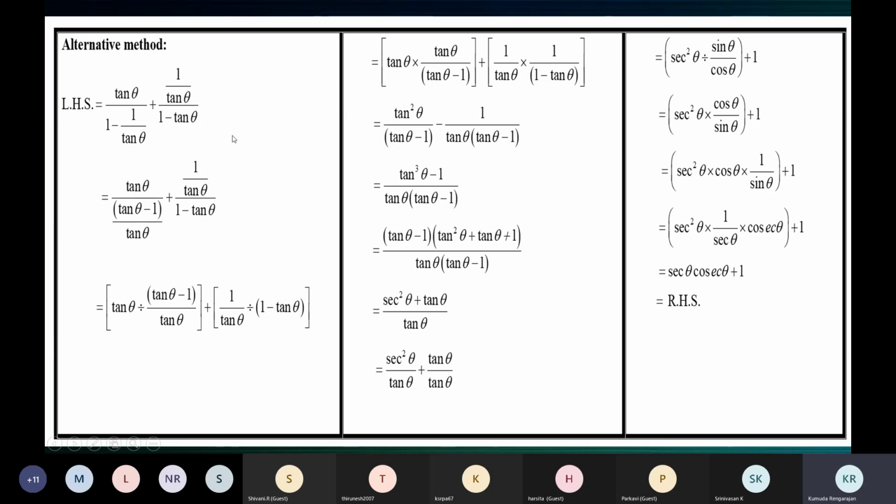Cot theta was a numerator, which is written as 1 by tan theta, divided by 1 minus tan theta, which is a denominator. The rest, I think you can manage. The reciprocal, and that's how we get tan square theta.